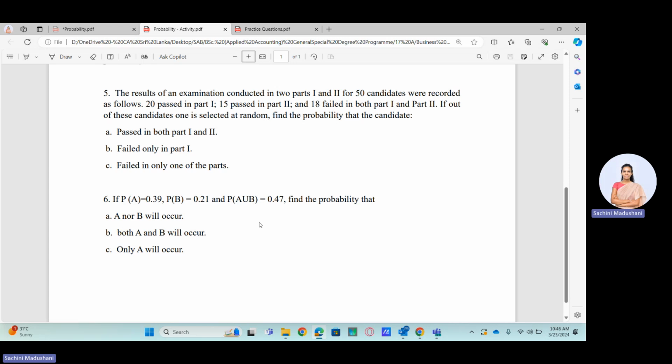The complement is 18 over 50, so the union is 32 over 50. Complement means not including the union. The total probability is 50 over 50. So the union value is 32 over 50.